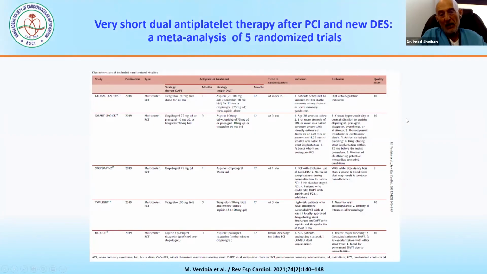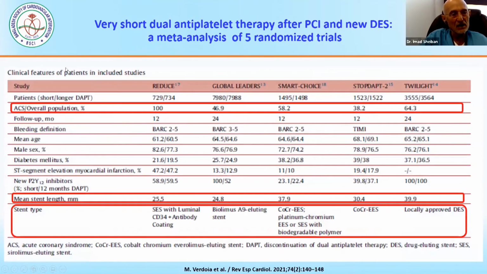Now, going to the clinical data, what we have about the DAPT in these patients, we have here the meta-analysis coming from 5 randomized trials, and you can see that at least 50% of cases included in these trials were with acute coronary syndromes. Mean stent length is almost long, ranging between 25 and 40.